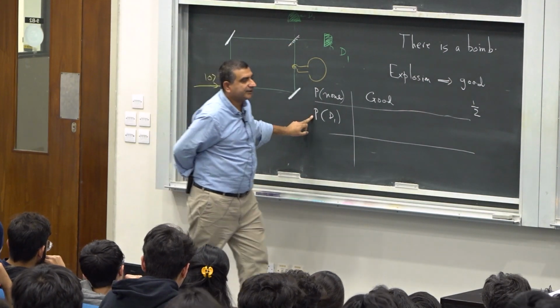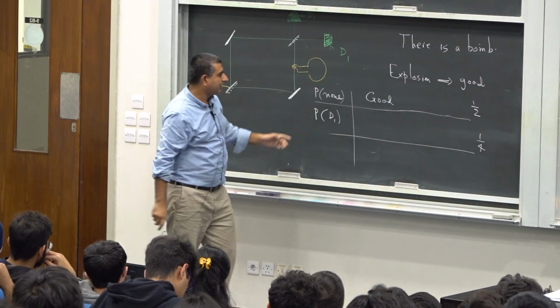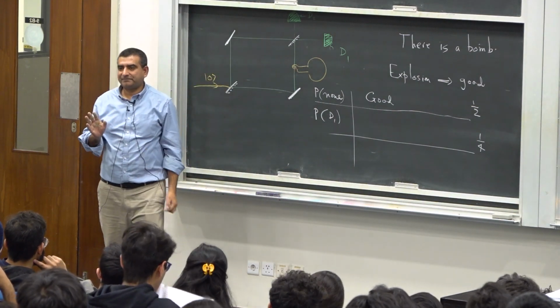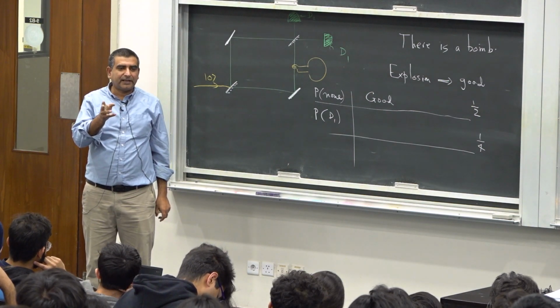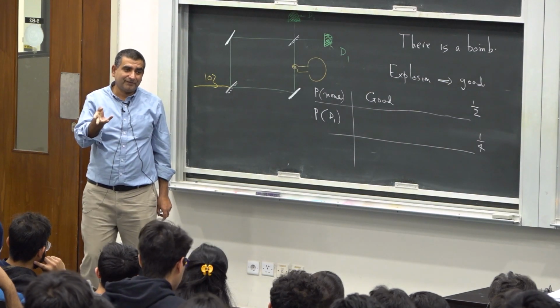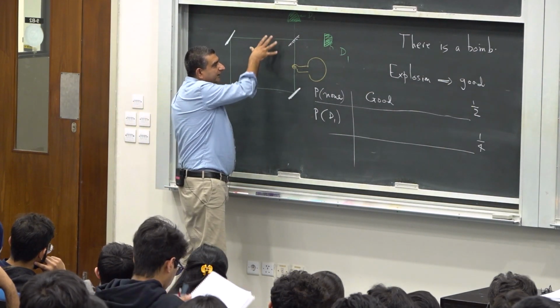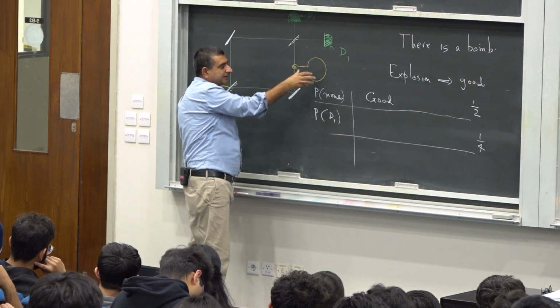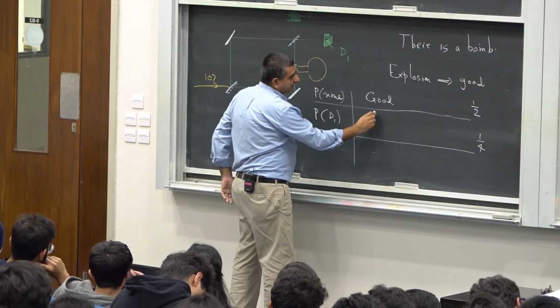So the probability that this happens is 1/4, just as we've seen before. But if detector D1 clicks, there are two scenarios. One is that the bomb is bad, and if the bomb is bad, the single photon is in a superposition here, it's not impacted by this bomb, and it just gives a click on D1. So the bomb could be bad.